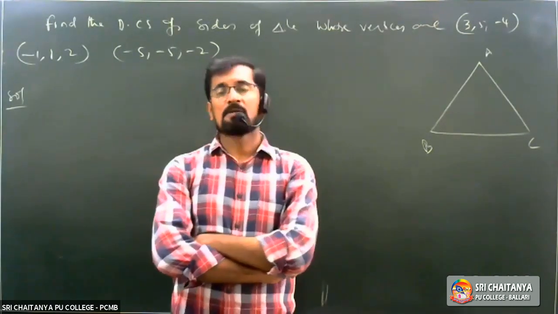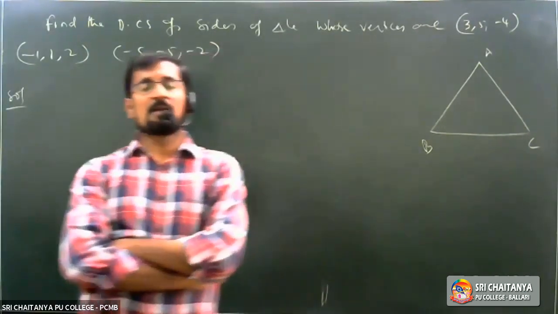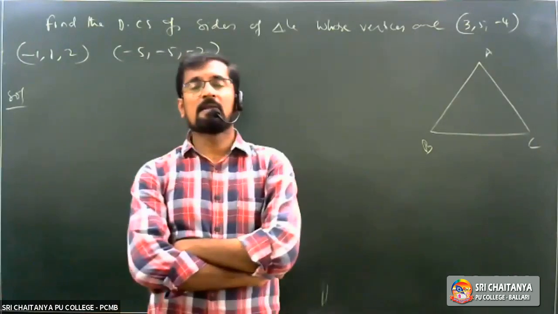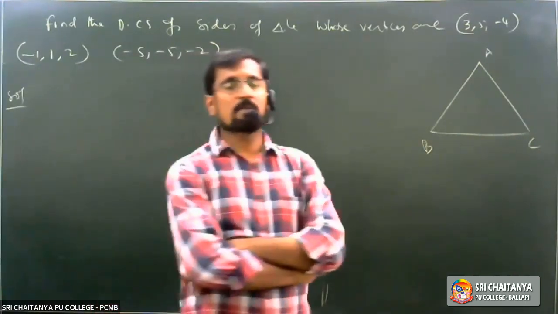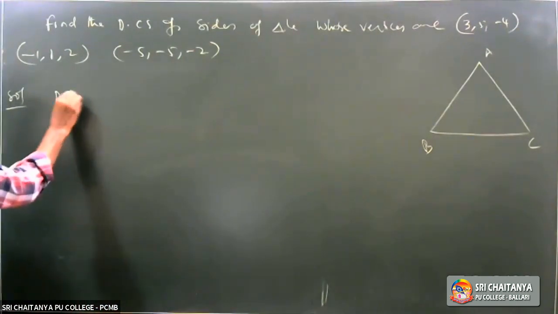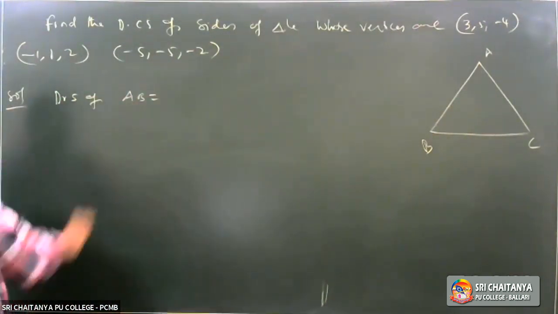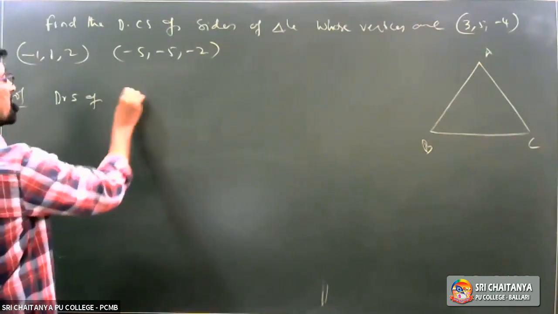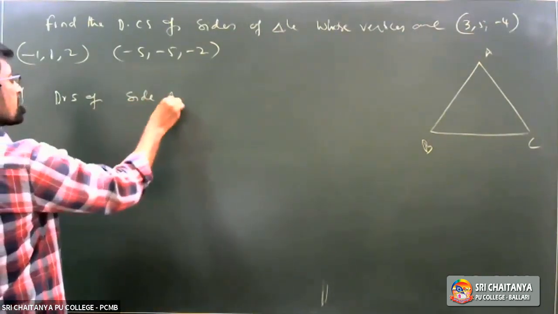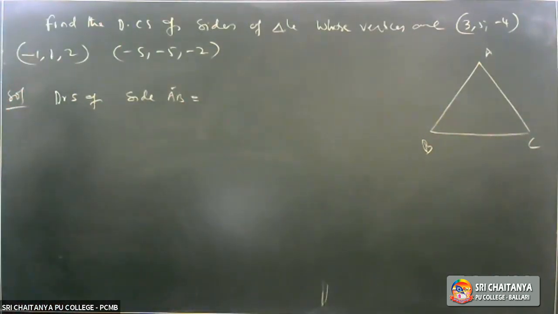Am I right? So, if I want to find out DCs of one line, I should find DRs of that line. So, first of all, find out the direction ratios of AB. How to find out direction ratios of a line?